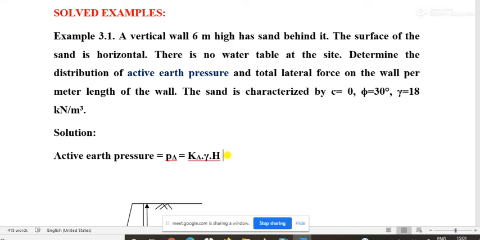This is the equation for active earth pressure. Now we have to calculate Ka. The value of gamma is given and the value of H is given. So first of all, coming to the value of Ka, which is the coefficient of active earth pressure.